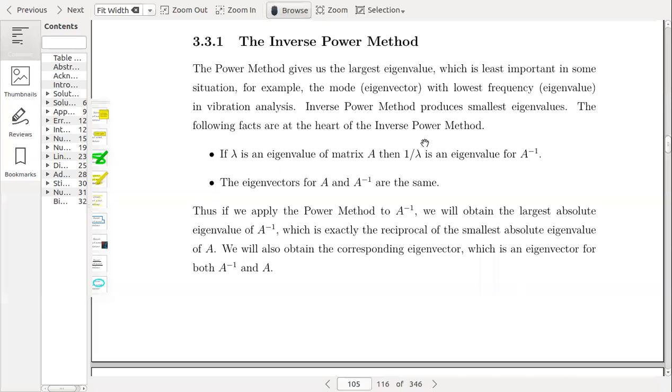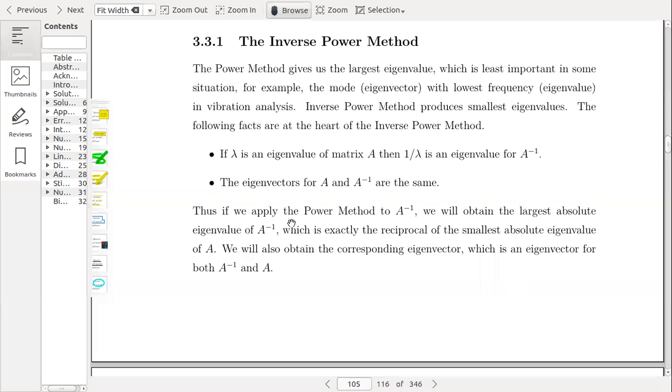Inverse power method produces smallest eigenvalues. The following facts are at the heart of the inverse power method. If lambda is an eigenvalue of matrix A, then 1 over lambda is an eigenvalue for A inverse. The eigenvectors for A and A inverse are the same.